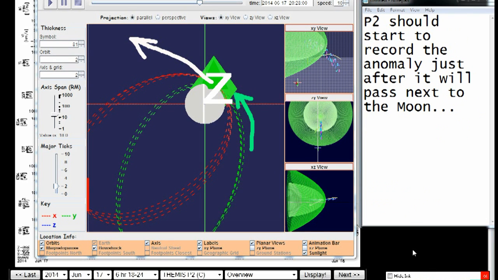P2 should start to record the anomaly just after it passes next to the Moon, before 21 UTC on the 17th of June.